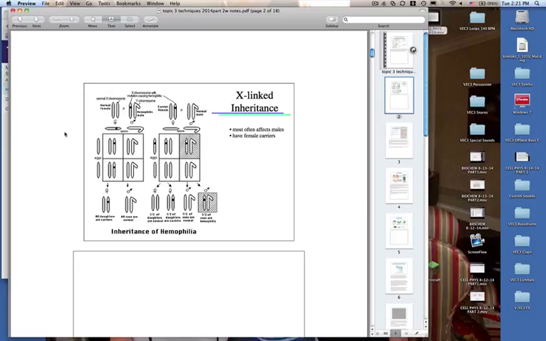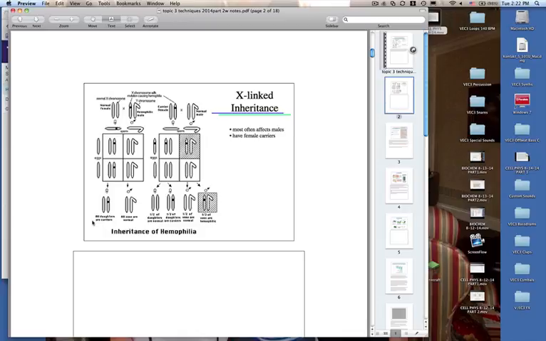So again, just walking through this Punnett square issue, right? If dad has a bad X, a mutant X, then all of his daughters immediately off the bat are going to be carriers of that disease, right? Because every daughter from dad gets his X allele. Doesn't matter which of the X's are inherited from mom in this situation, because mom is totally fine, has no mutations.